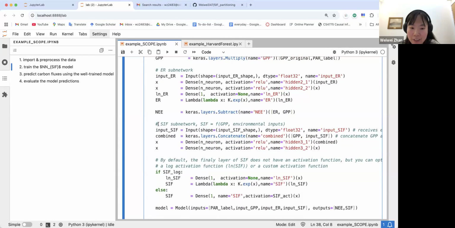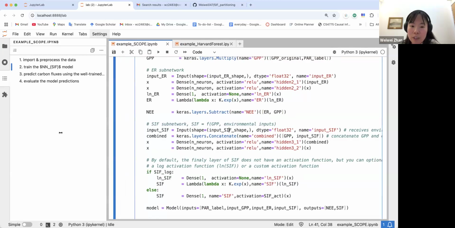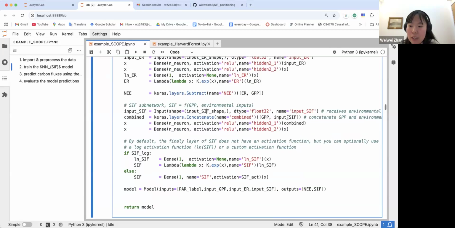And here, from this point, we are adding the SIF subnetwork. So we first define an input layer to receive environmental inputs that control the GPP-SIF relationship, and then we combine these environmental inputs with the model-estimated GPP, and then we similarly add hidden layers, and finally we get the SIF prediction here.